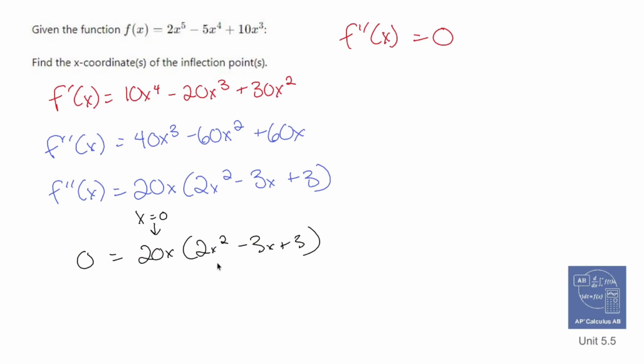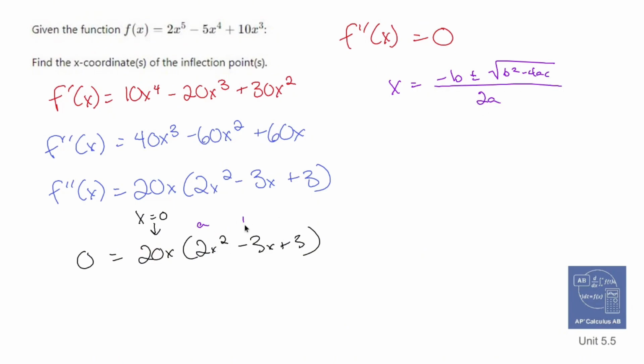That's not factorable. So I'm going to bring back an old friend called the quadratic formula. X equals negative b plus or minus square root b squared minus 4ac all over 2a, singing a song.